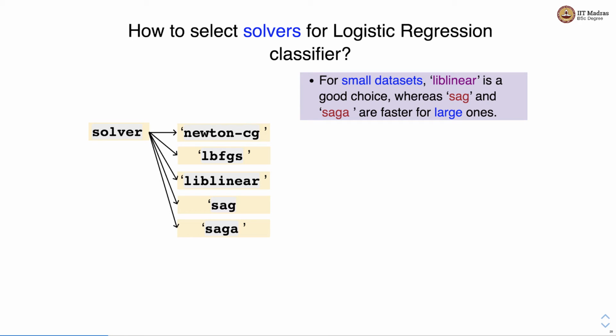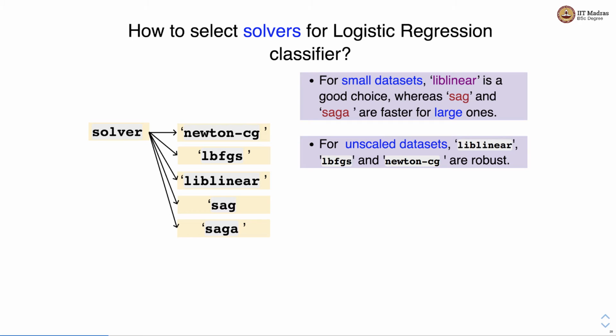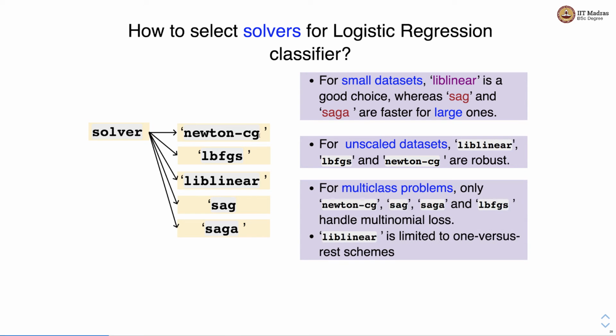So for a small dataset, LibLinear is a good choice, whereas SAG and SAGA are faster for large datasets. For unscaled datasets, LibLinear, LBFGS, or Newton CG are robust. And remember that SAG and SAGA use stochastic gradient descent, which is sensitive to feature scaling, and hence they are not suitable for unscaled datasets. If you want to solve the multi-class classification problem with multinomial loss, then LibLinear doesn't support that case.